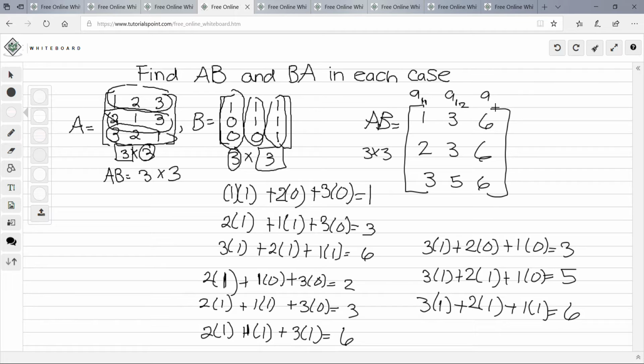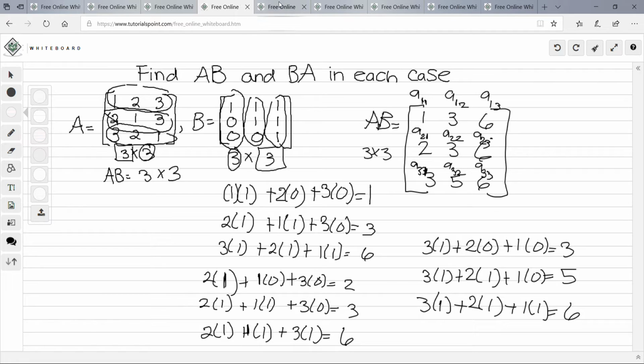This is going to be A1,3, etc. This is going to be A2,1, A2,2, A2,3, and then A3,1, A3,2, and A3,3. So if they ask you what is A3,1, it's 3. What is A3,2? 5. What is A1,2? It's 3. So that's the column number.